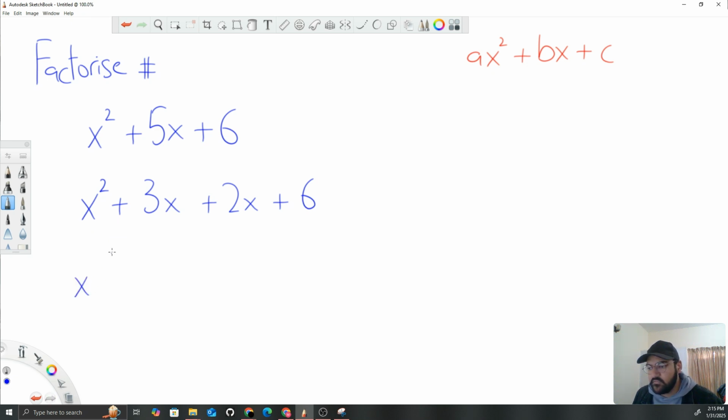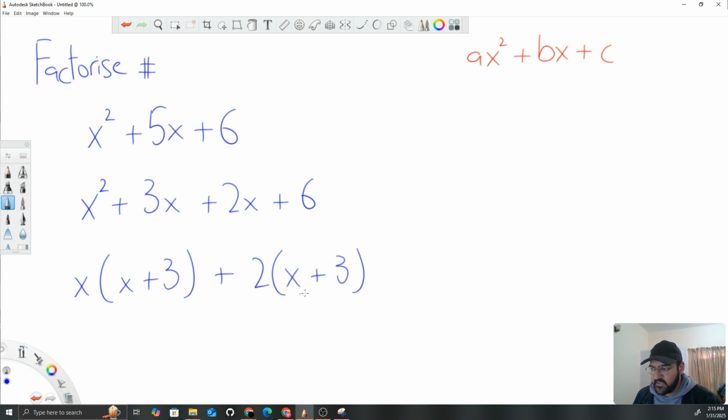So x outside, then from the first term we have x remaining, and from the second term 3 is left because x is taken common. From the next two, we can take 2 common. When you take 2 common, you're left with x from the first term, and 2 times 3 is 6, so here we got 3.